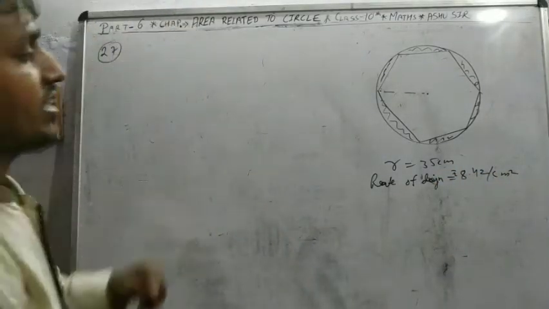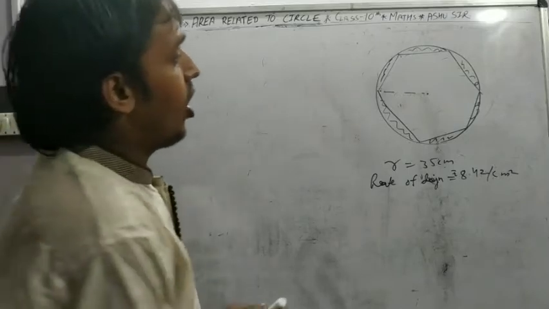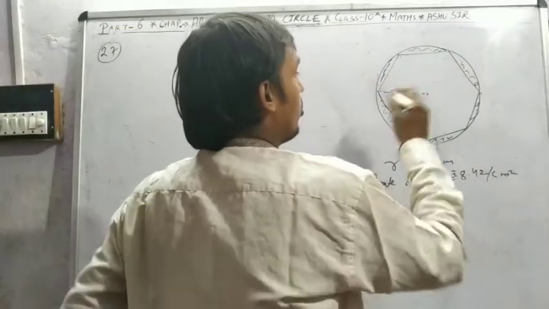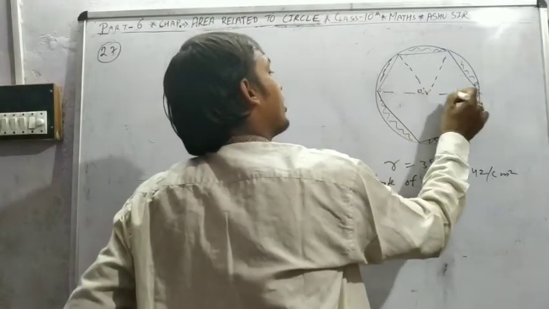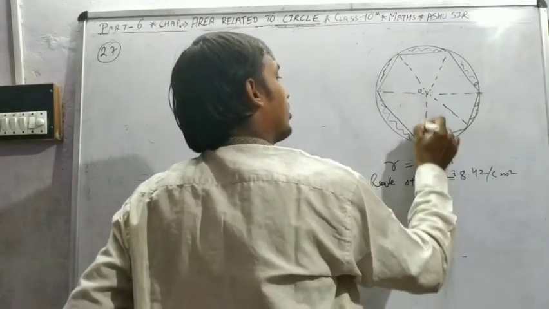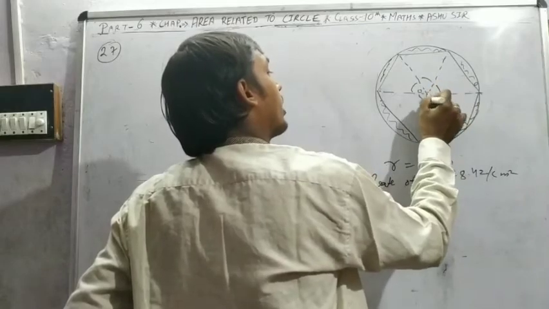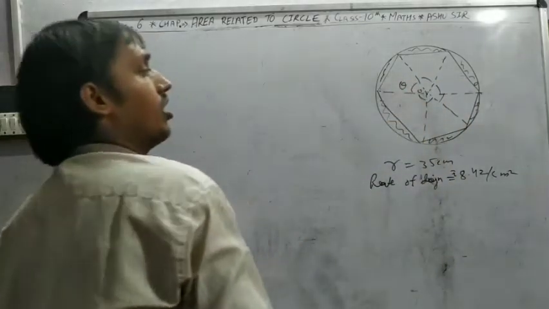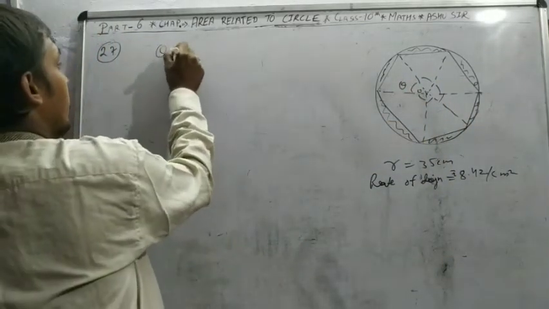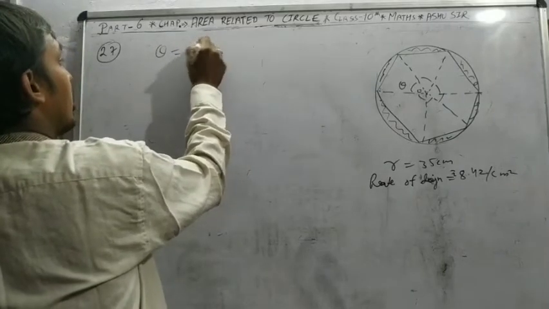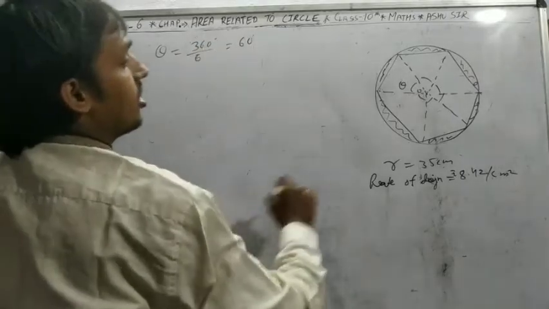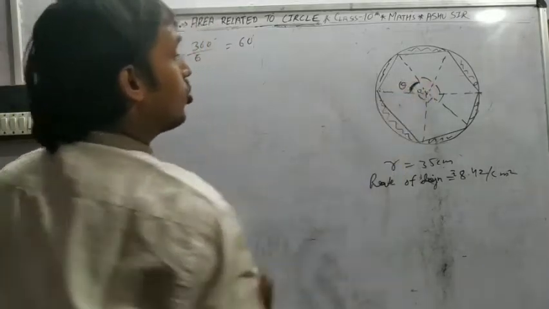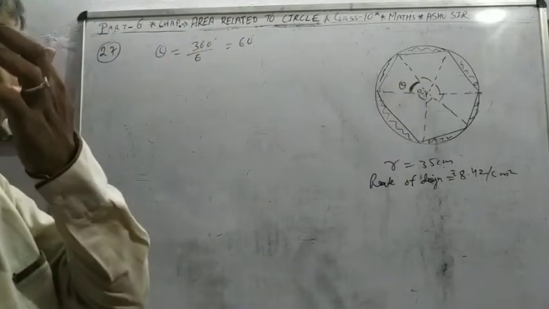Then if I say they all are equal sides, so if we join with the center, they all form equal angles, and theta for this angle is 360 by 6, 60 degree. The angle included between two radii is 60.